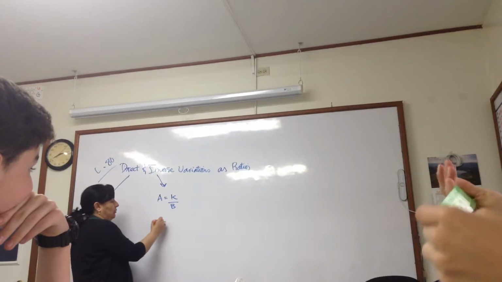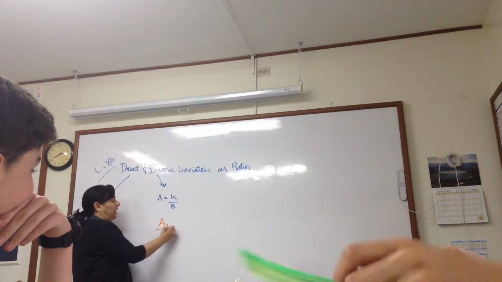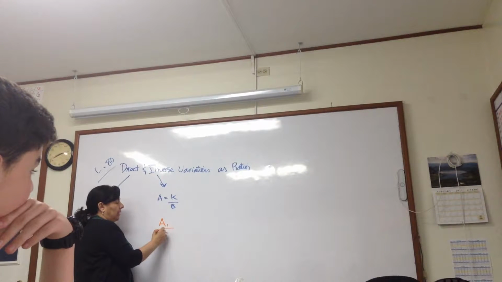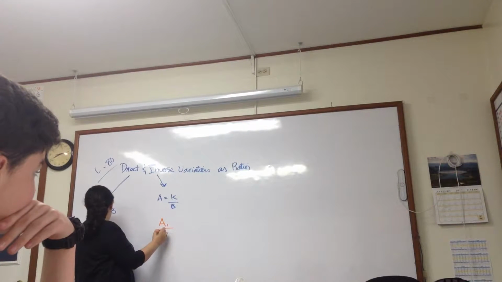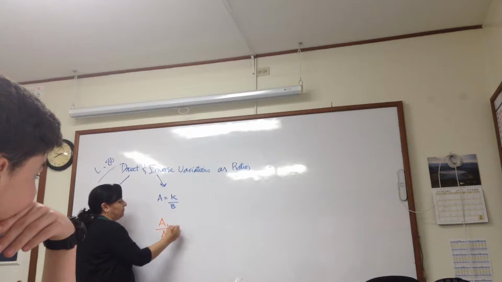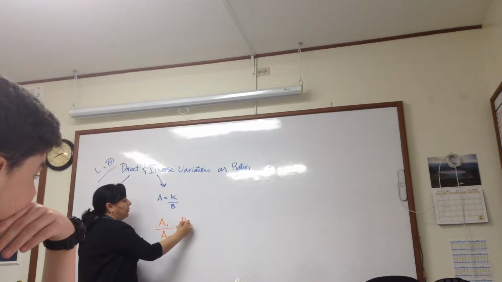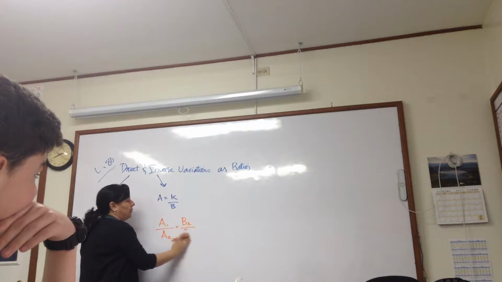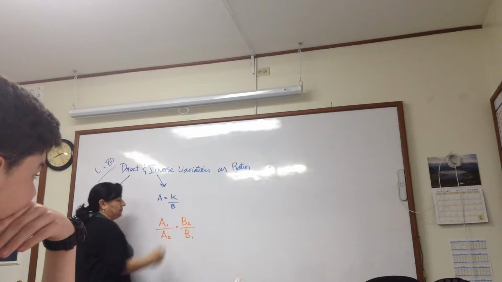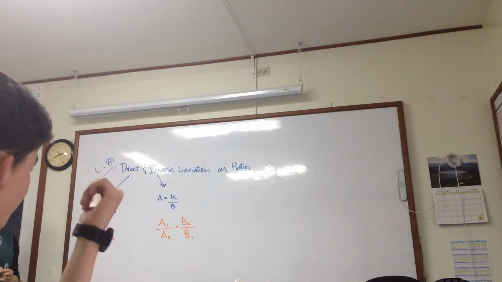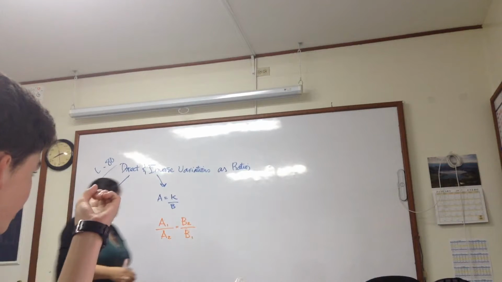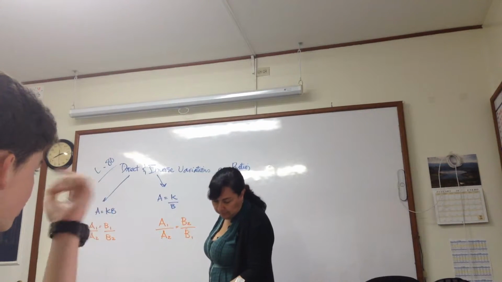Inverse variation would be A1 is to B1 as A2 is to B2, but inverted. You should do the reciprocal on the other side.